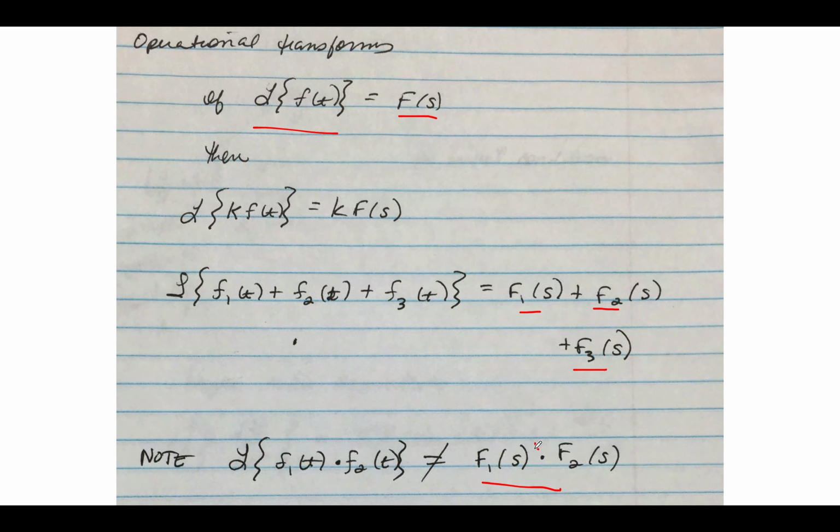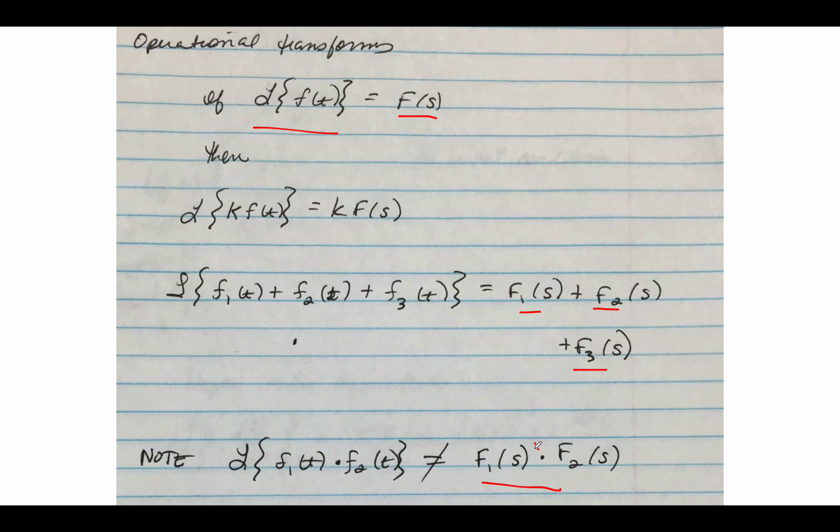If that's what you have, then the time shift has the consequence in the Laplace domain of multiplication by e to the minus as. So F(s) is what you would get if you took the Laplace transform of unshifted f(t), and then you multiply by e to the minus as to take care of the time shift. That's known as the time shift property.